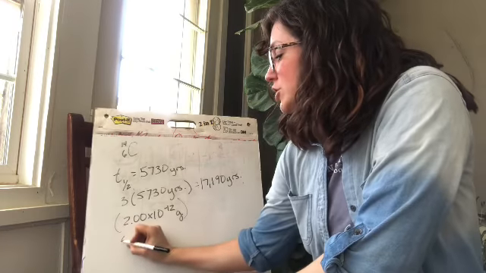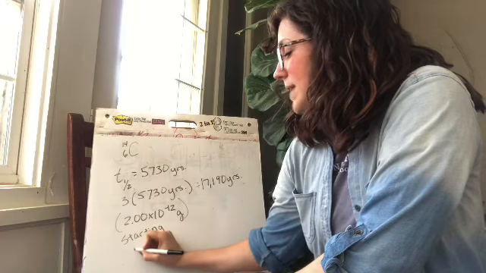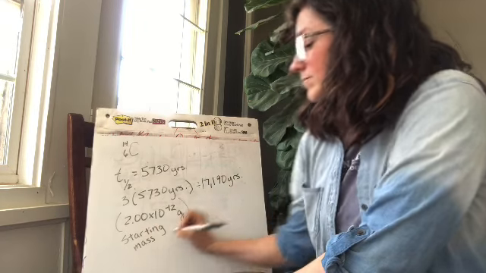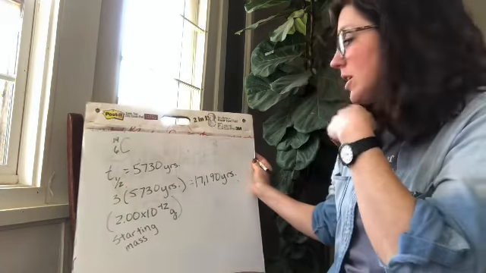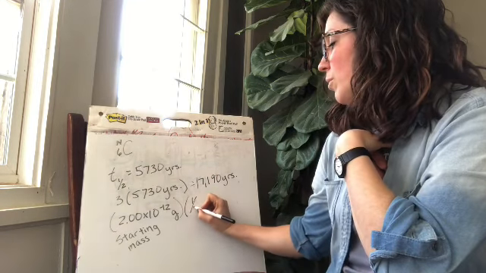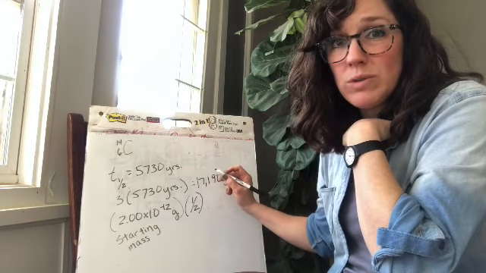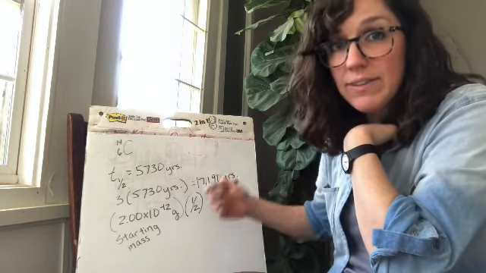This is the starting mass. You guys see that? Starting mass. I'm going to multiply that times 1/2, and then we're going to set an exponent for the number of times that the half-life has occurred.